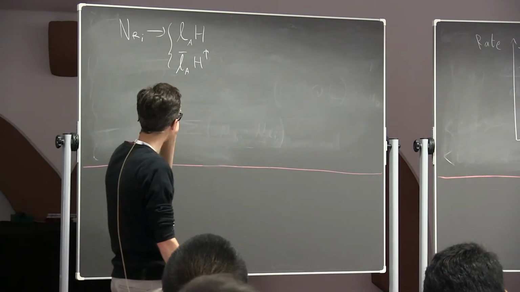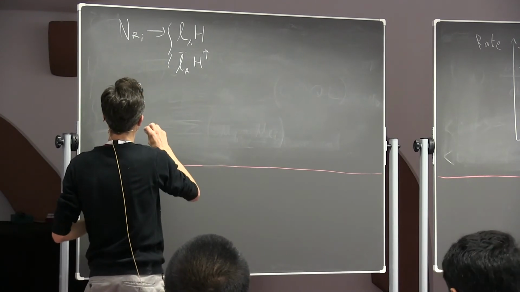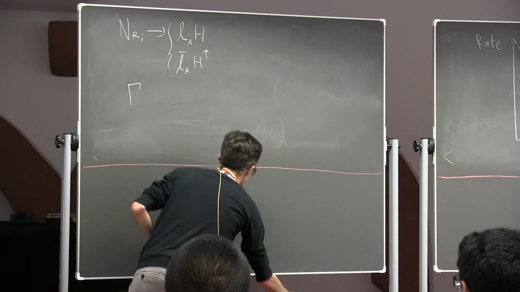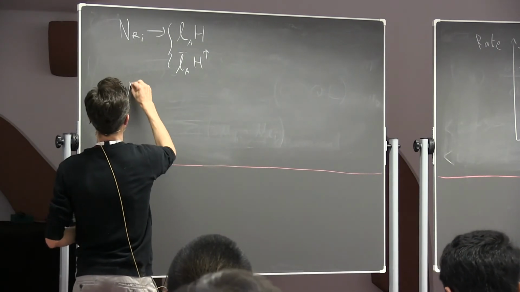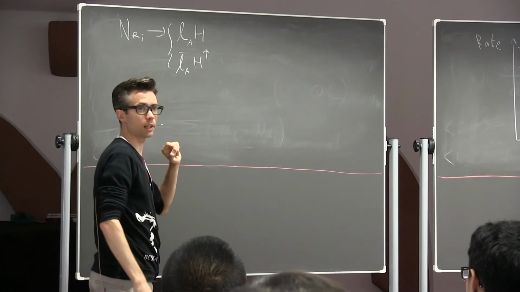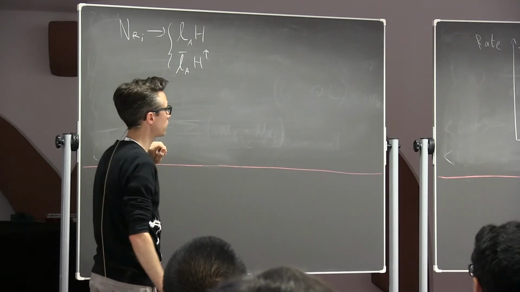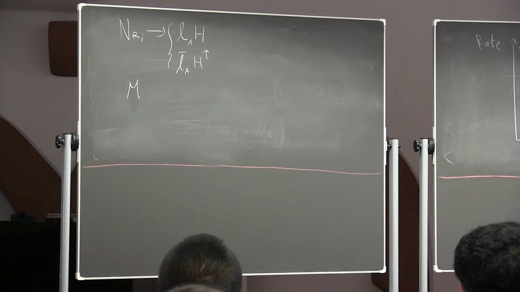And computing this is a little bit tricky. So if I look at the matrix element for this decay, it has a tree level contribution. And the tree level contribution can involve these CP violating phases, these in general complex lambda AI couplings.